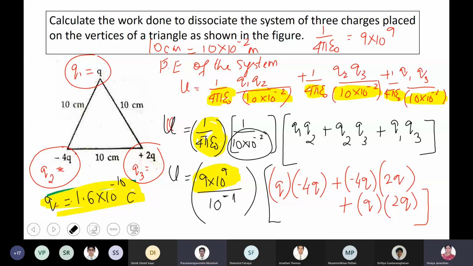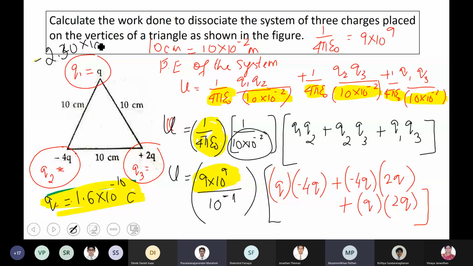Is it 2.304? Or 23.04? I just want the answer. Someone told me minus 2.304 into 10 to the power of minus 8. Okay.